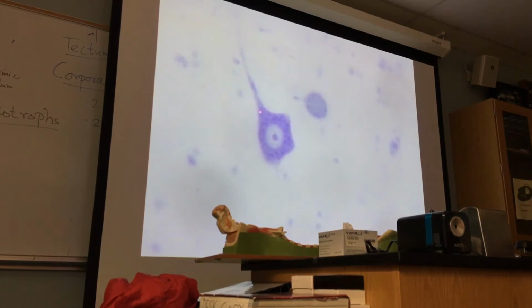Now, this time, you can see some positive reaction in the axon, meaning the axoplasm had some organelles containing RNA, ribonucleic acid. But if we go to this, there was another. Look here.